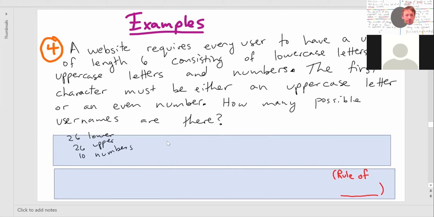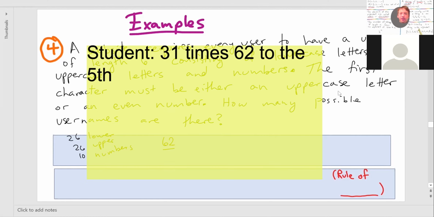So we've got 62 different characters. But you have a restriction. The first character has to be an uppercase letter or an even number. How many passwords are there? I'm just throwing small curveballs in there as we go.